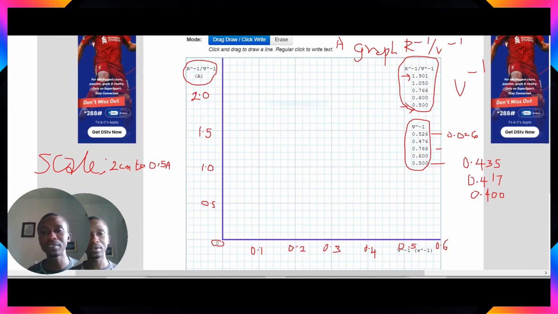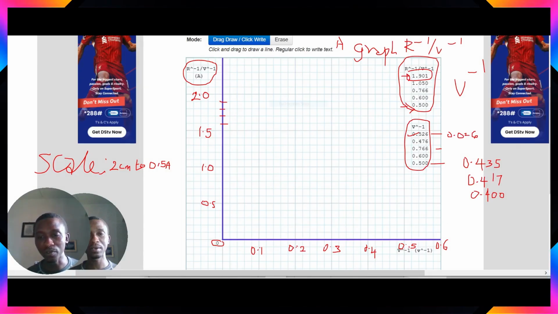Now the next thing is to plot the values. When R is 1.9, V at that moment is 0.526. So if this is 1.5, this is 1.6, 1.7, 1.8, 1.9. So 1.9 is here. Then 0.526.